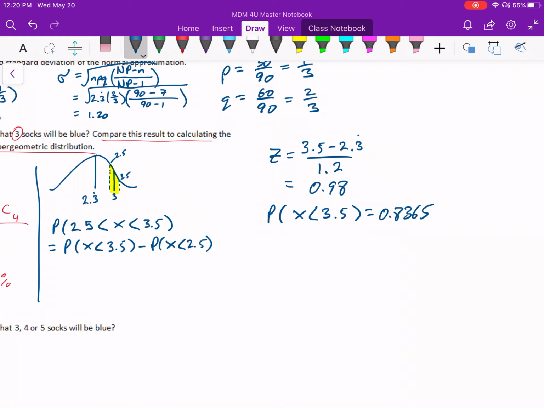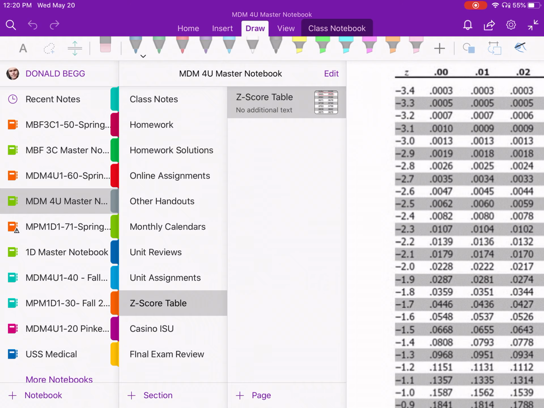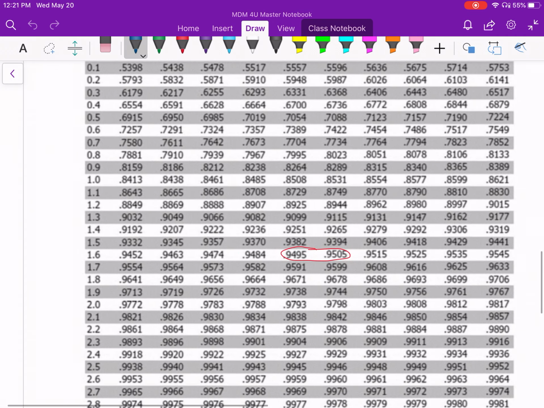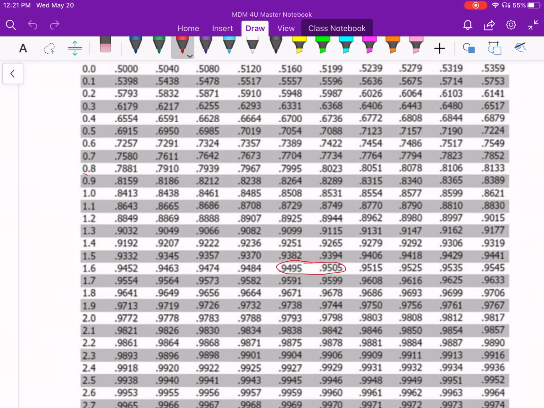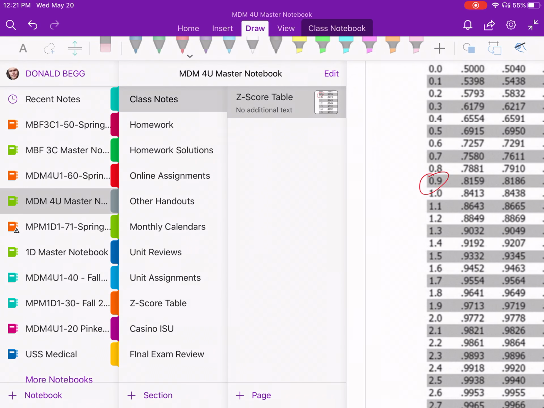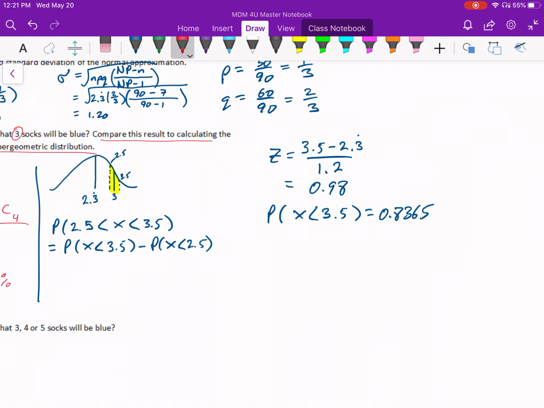Again, I've looked it up ahead of time, but if you were actually answering this question, then of course, you'd be referring back to the z-score table and finding 0.98 on the z-score table. Well, since I'm here, I might as well just point it out, 0.98. So that would be here and all the way over to here, so 0.8365, right?